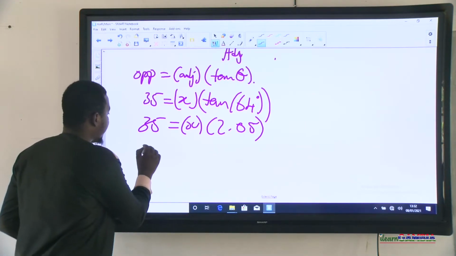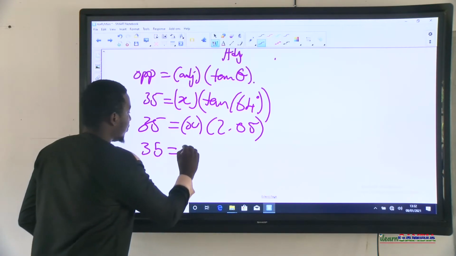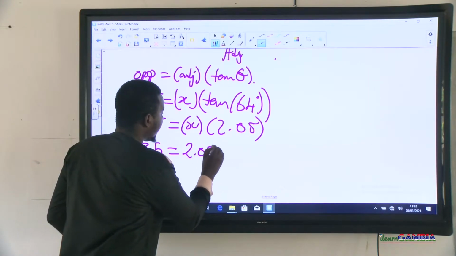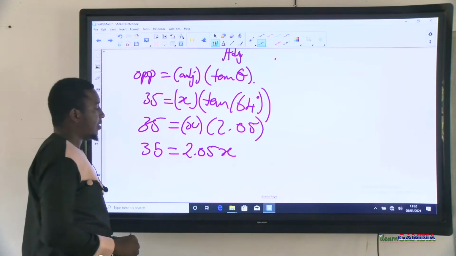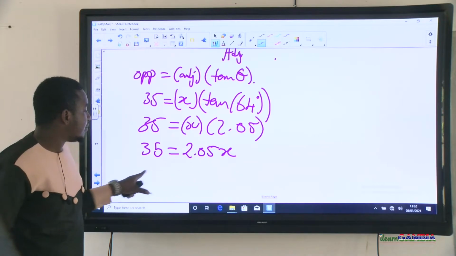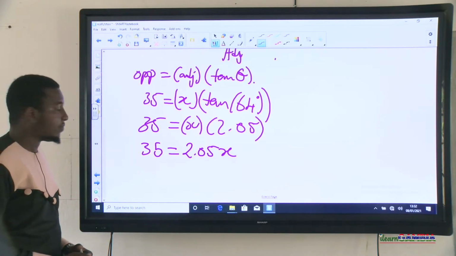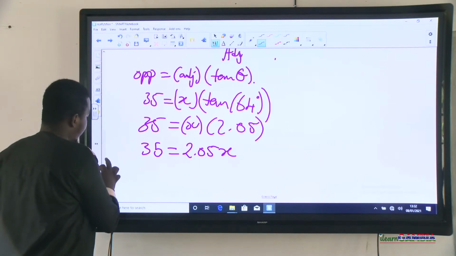So there we are going to have 35 is equal to 2.05x. In order to have x alone, we are going to divide both sides by 2.05.